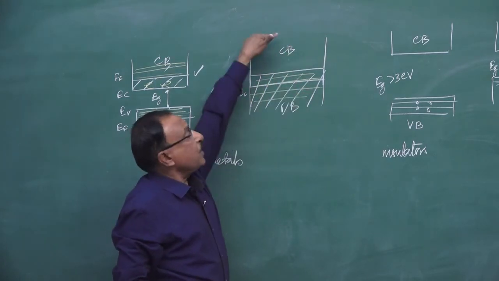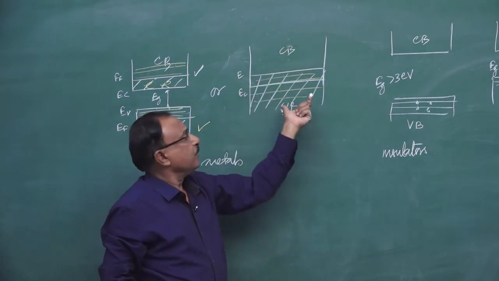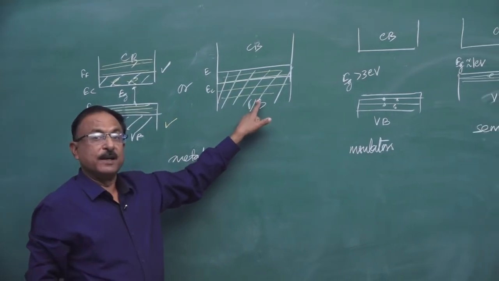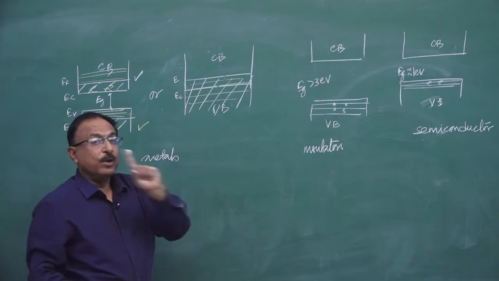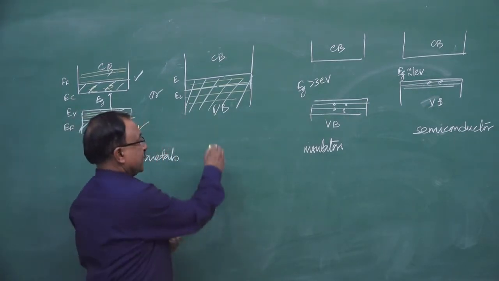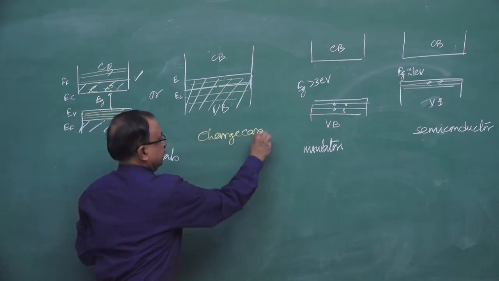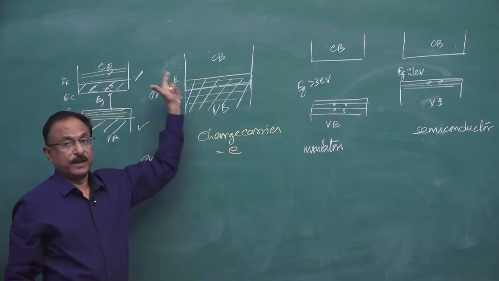For them, there are lots of free energy levels available. So with a little amount of energy, these electrons from the valence band can go to the conduction band. Here, only one type of charge carrier will be there. What type of charge carrier? The charge carrier will be only electrons. They will be moving all around.